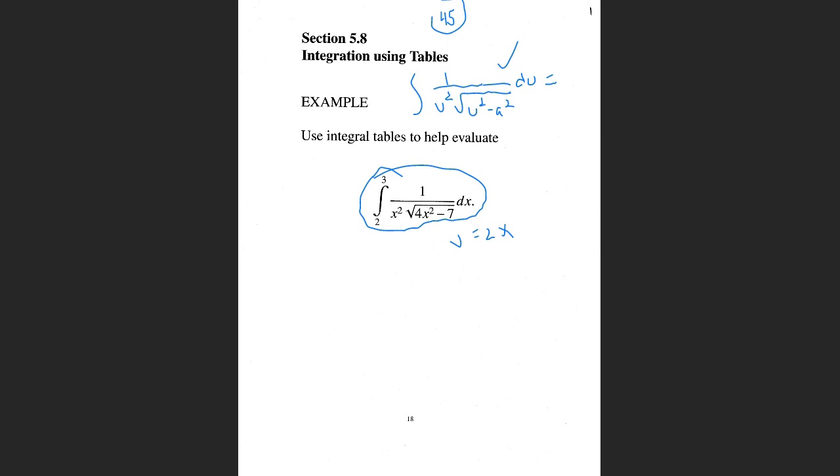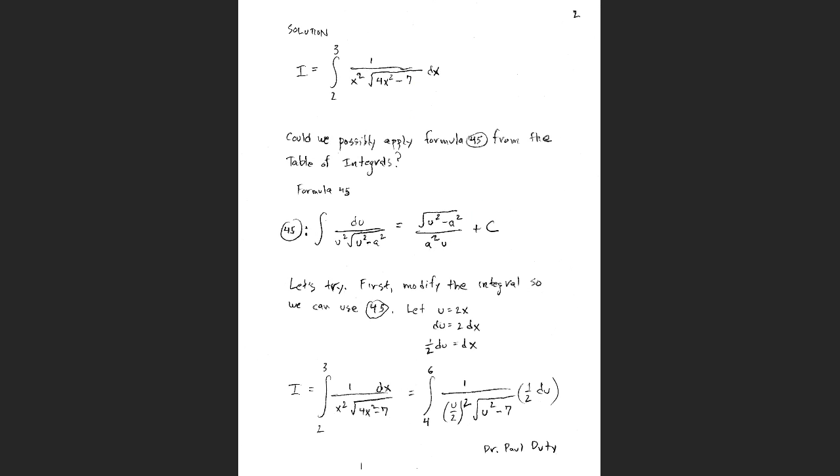So do you see how this works, class? Is this helping? Okay, good. Mario says it's helping. All right. Well, let's go to the solution here. So we're going to try formula 45.